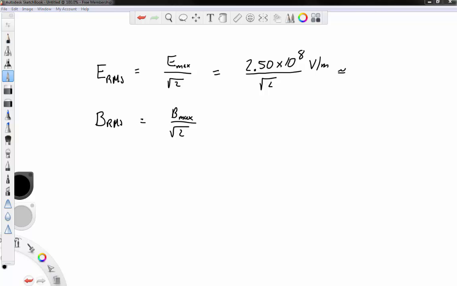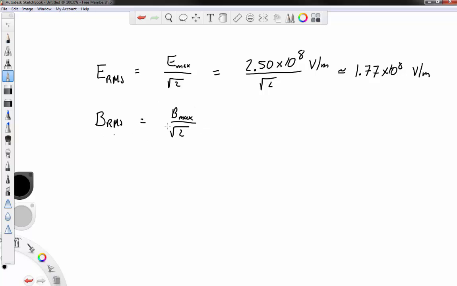So what that gives us is something like 1.767 times 10 to the 8. So maybe 1.77 times 10 to the 8 volts per meter.